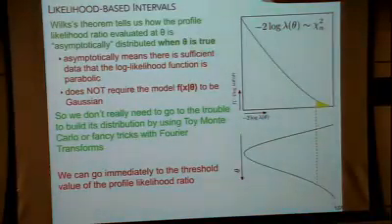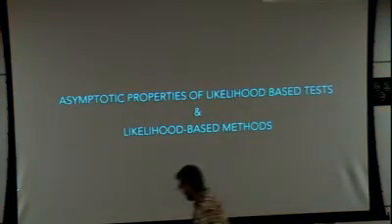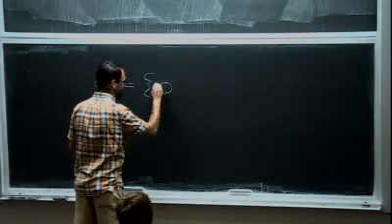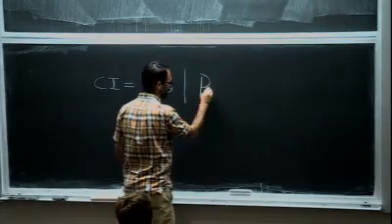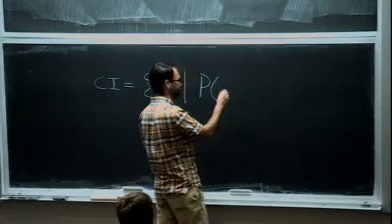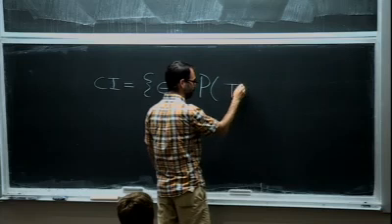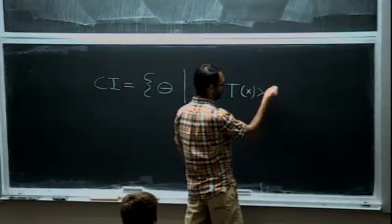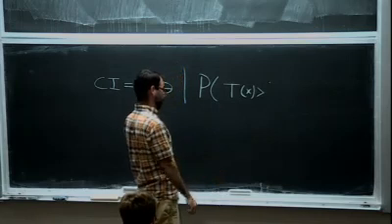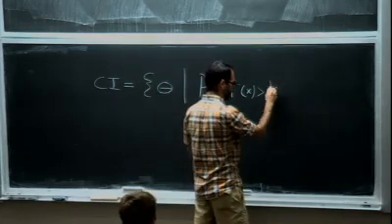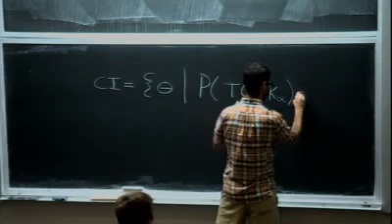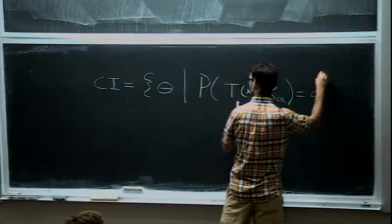And if you're not a visual thinker, the entire statement is this: that the confidence interval is equal to the set of parameter points theta, such that the probability of whatever test statistic you choose, t of your data, is bigger than some cutoff that you define, is equal to this alpha.